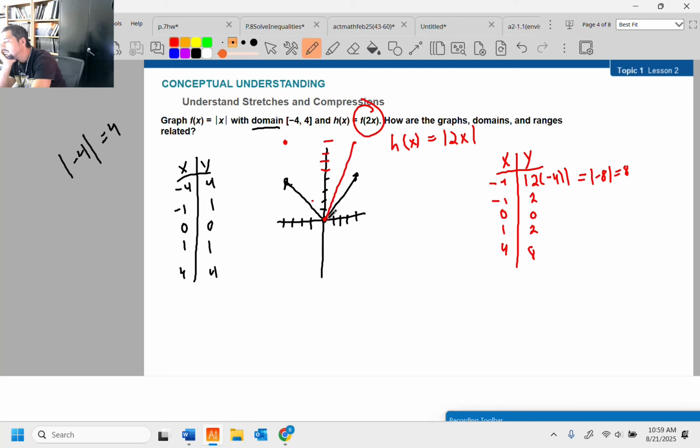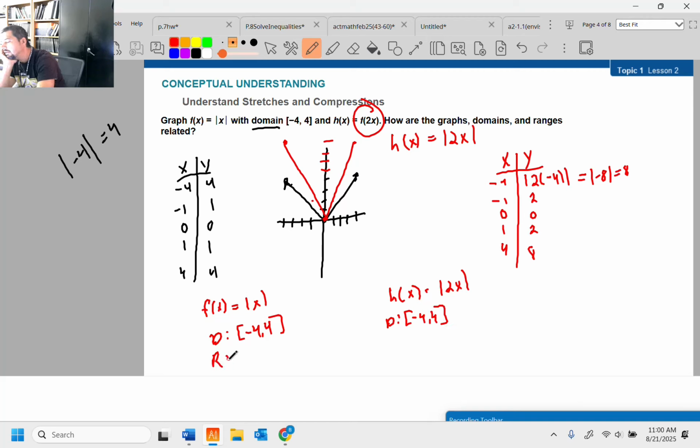So, what happened? Okay, well, let's talk about the absolute value of x and what it was. Its original domain was negative 4 to 4. The new function, which is the absolute value of twice x, still has the same domain. I plugged in negative 4 to 4.